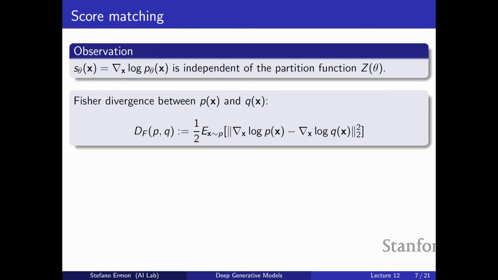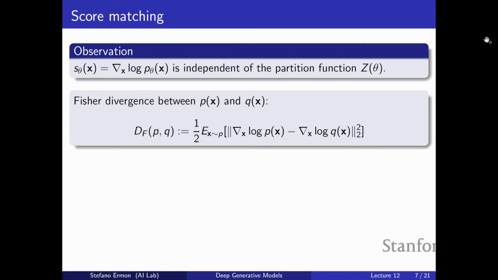So the idea is that if P and Q are similar, then they should also have similar vector field of gradients. If P and Q are similar, at different x's they would have similar gradients.